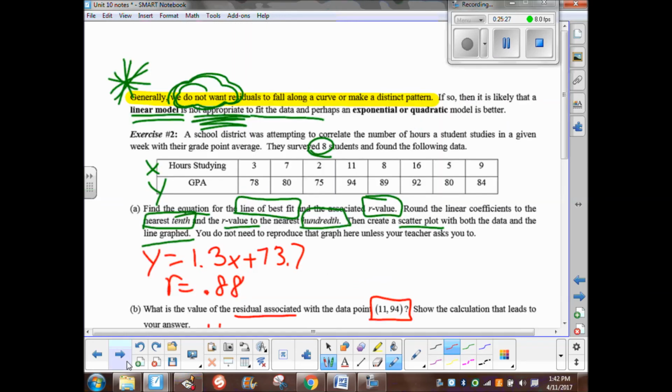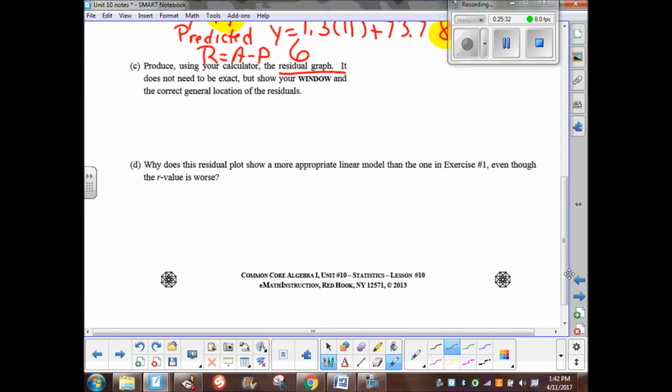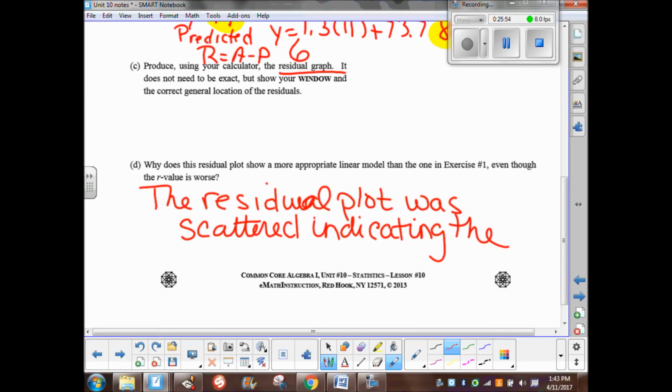So, let's go back. So, the residual plot was scattered, indicating the regression model we picked was appropriate.